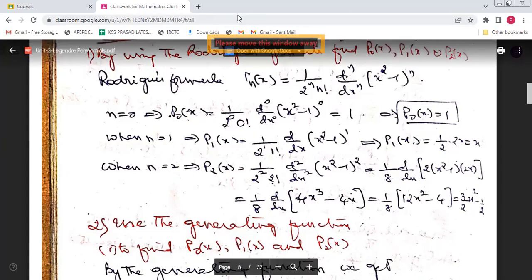So I will show you what is going to be the graph of the function.